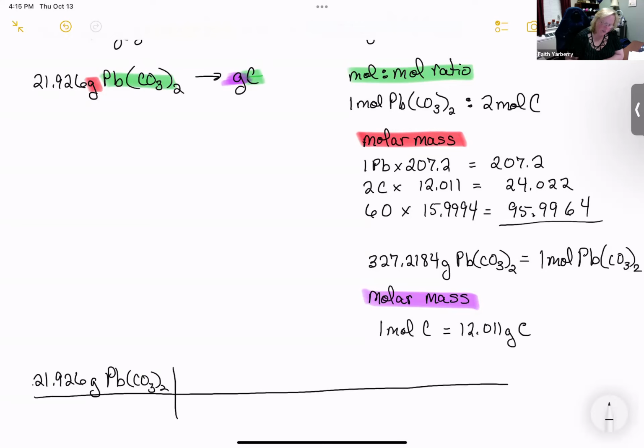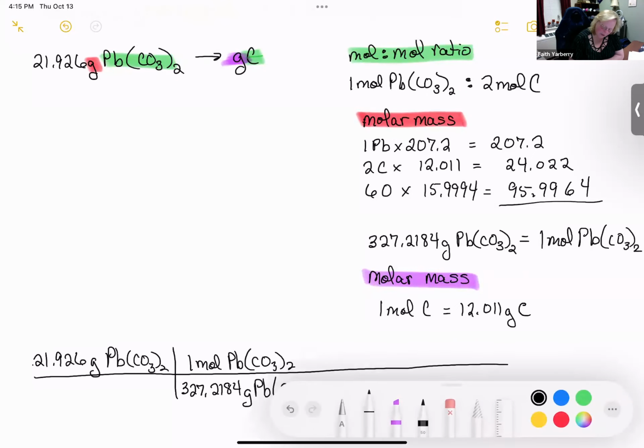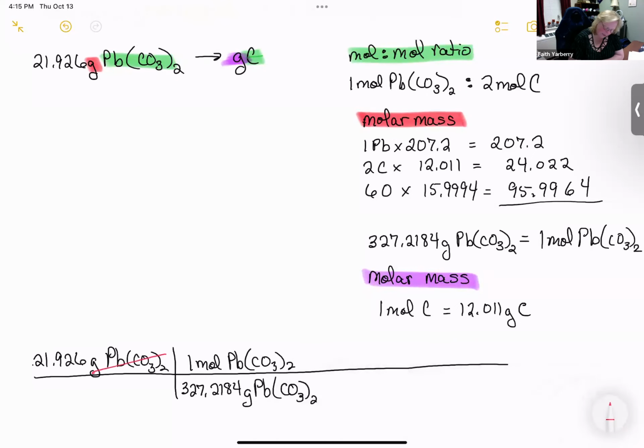So I'll be using the molar mass of lead 4 carbonate, which is 327.2184 grams of lead 4 carbonate is equal to 1 mole of lead 4 carbonate. The grams were placed in the denominator so that the unit and the substance would cancel.